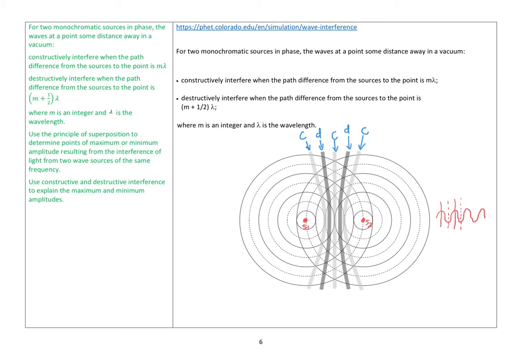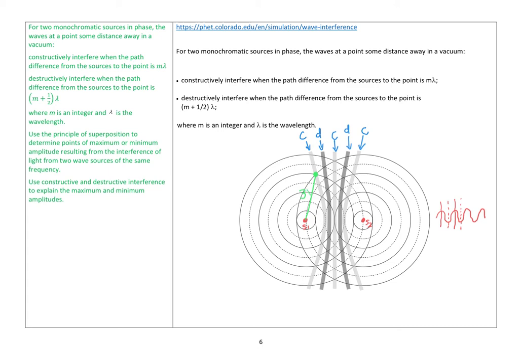So we can be a little bit more mathematical about how we consider that path difference. Let's say we pick, and it doesn't really matter, this point here in green first. The distance travelled by that wave front there is 1, 2, 3 wavelengths.